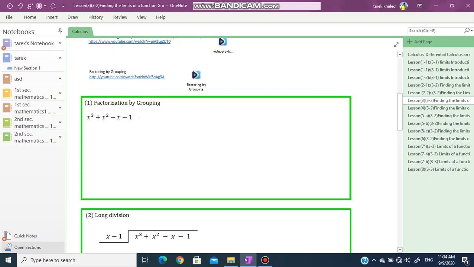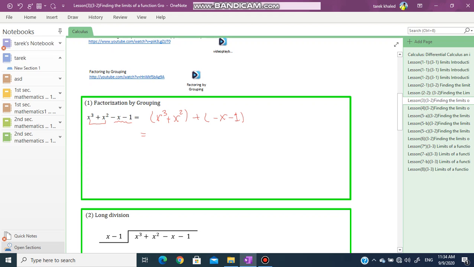So you can take x power 3 with x power 2, and negative x minus 1 together. So x power 3 plus x power 2 between two brackets plus negative x minus 1 between two brackets.